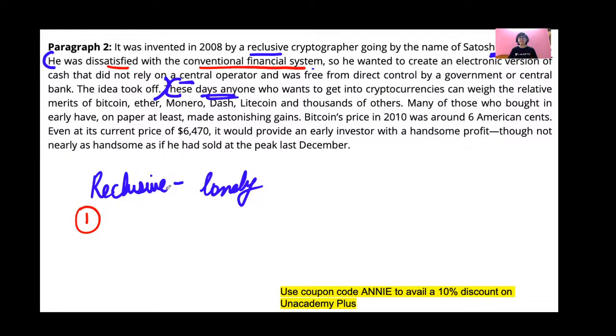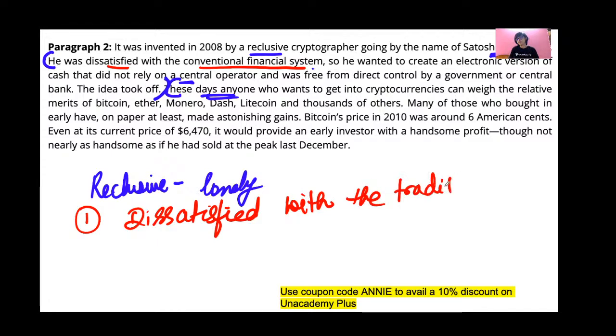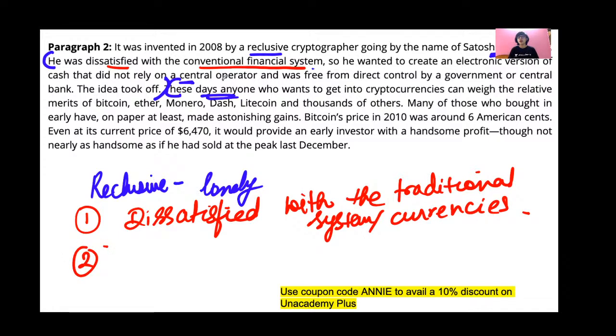So first point is dissatisfied with the conventional financial system, which means with the cash, with notes that you exchange, with the traditional system or traditional currencies. Now see, he wanted to create an electronic version of cash, and what will this electronic version do?